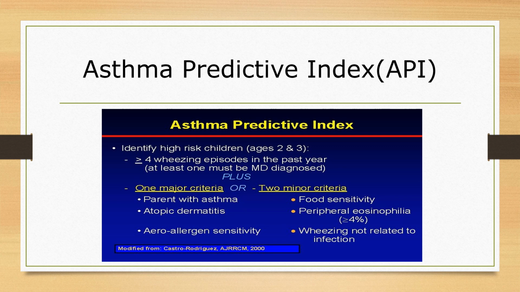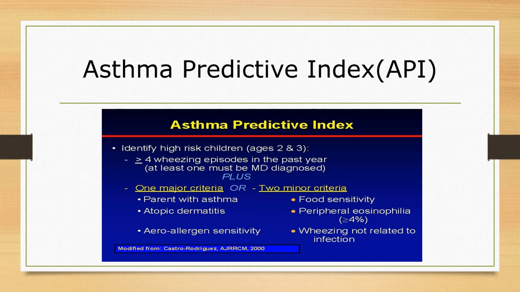If you have a child at the age of 2 and 3, and they have 4 or greater wheezing episodes in the last year, and one must be diagnosed by a physician, plus their parent had asthma, or they have atopic dermatitis, or they have some kind of aeroallergen sensitivity, or they had 2 of the minor criteria, such as food sensitivity, or wheezing not related to infection, or peripheral eosinophils greater than 4%, you can be classified and identified as having asthma. So this works very simply because you cannot do spirometry with children of this age.